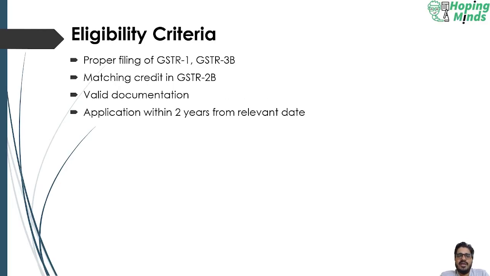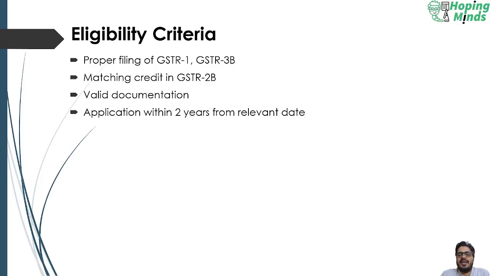So let us now see the eligibility criteria for claiming of refund. As studied so far, we can claim the GST refund if we have paid excess tax or we have paid wrongly. We have exported goods or services with or without payment of IGST. Then we have accumulated ITC under inverted duty structure. Then we have balance in our electronic cash ledger and we are a UN agency or embassy.